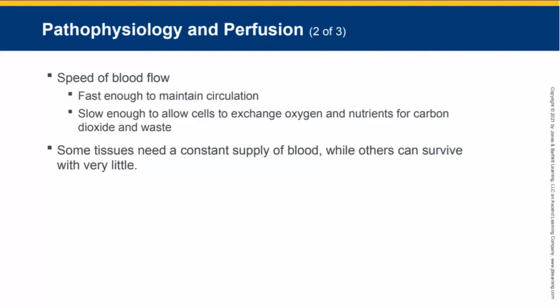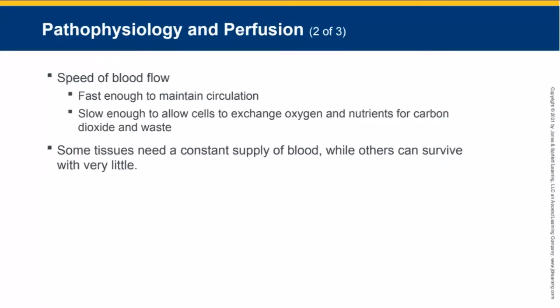Some tissues need a constant supply of blood, while others can survive with very little. The core organs within the body need a constant supply of blood, or they cannot go without blood flow for a very long time.